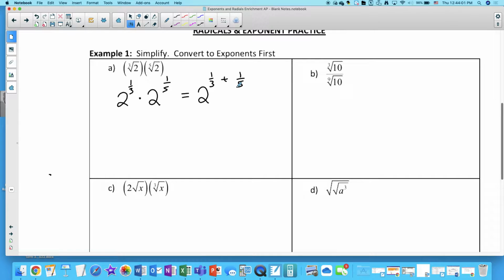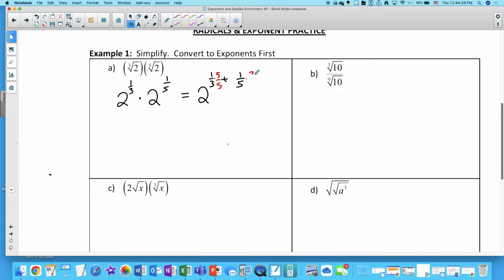Okay, and then when we add fractions, what do we need to make sure of first? Yeah. Their denominators, I think. Correct. So, common denominator. A common denominator for this one that I can think of, off the top of my head, is 15. 15, yeah. So one way that you can do this quickly, and a lot of people can do it in their head, this needs to be multiplied by 5 over 5.